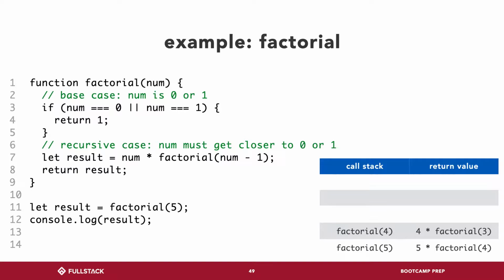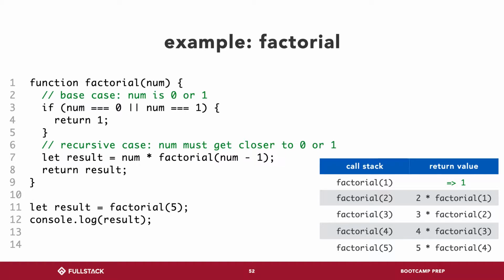So now that we're calling factorial of 3, that gets thrown onto the call stack as well. Do you guys see a pattern? You guys understand, right? It's just going to keep on going and going until we hit factorial of 1.